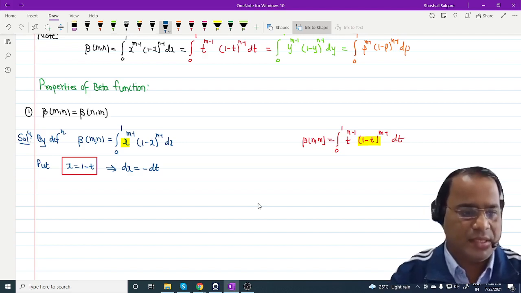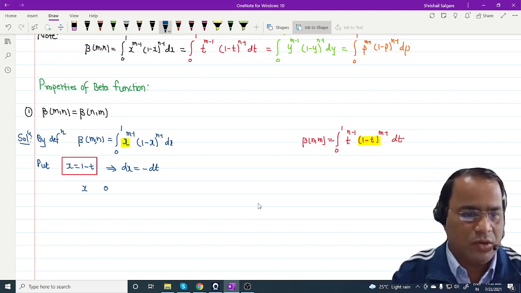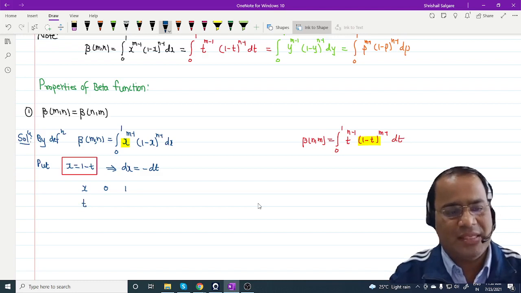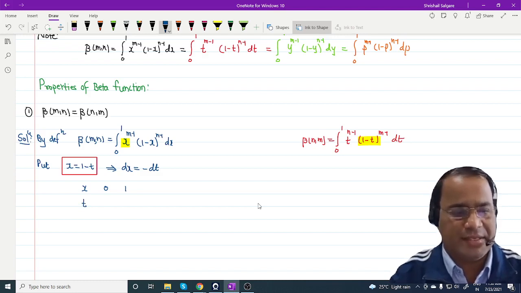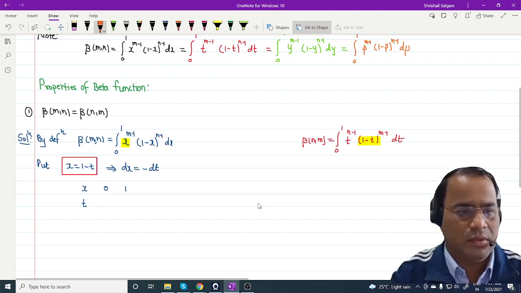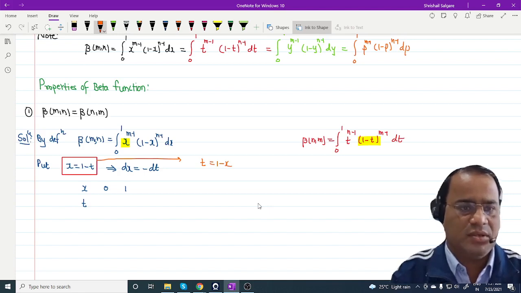Now the limits. In table form I will write 0 and 1. What is the value of t when x is equal to 0? The same substitution you may write as t is equal to 1 minus x.